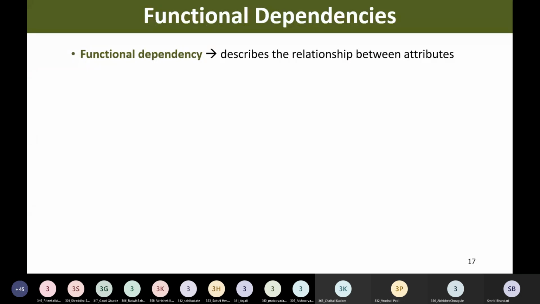When there exists a functional dependency, the dependency is specified as a constraint between the attributes.